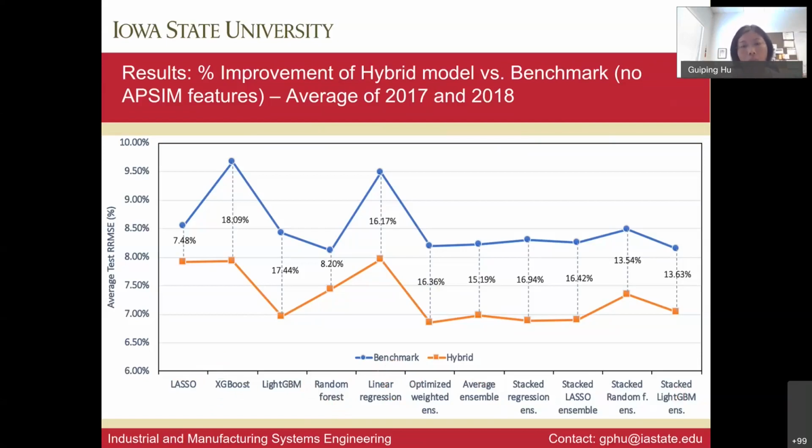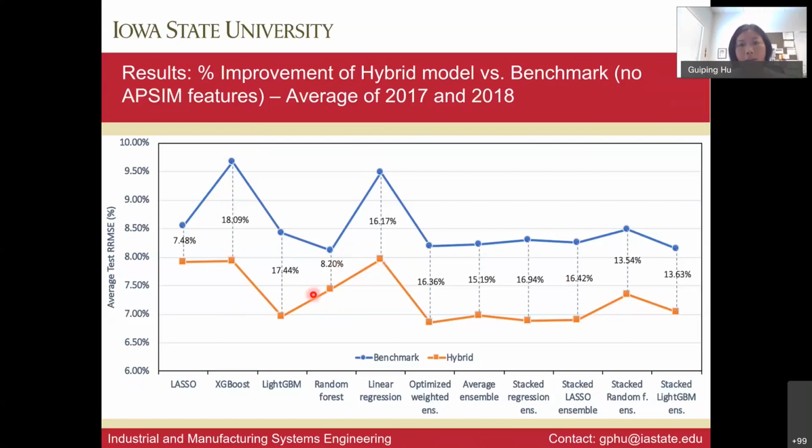Okay, so the y-axis is the relative root mean square error in terms of percentages. The key point I want to talk about is that when we incorporate those APSIM features, the prediction error, or the test RMSE, the relative root mean square error, dropped significantly across all the models, regardless of the model you are using.